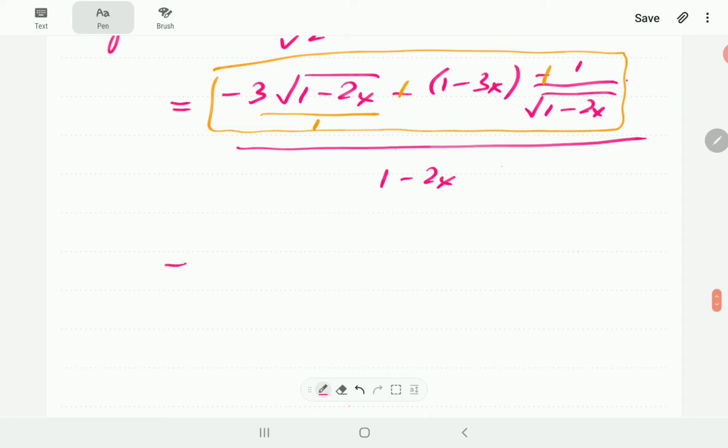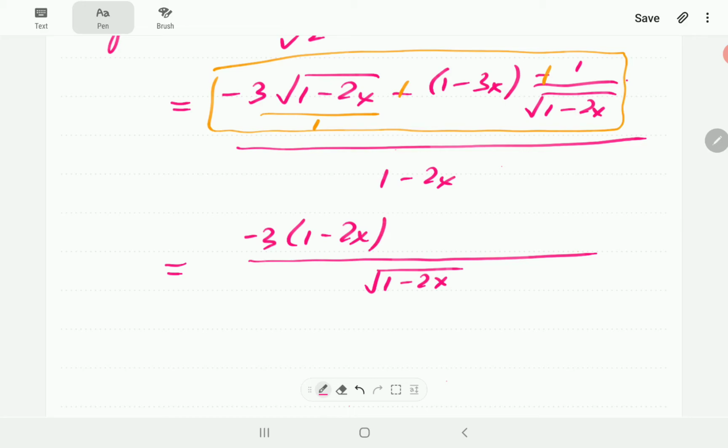So this is our numerator here, and its numerator is that square root, and then again 1 goes here, the square root of 1 minus 2x, times, so we multiply this times this, we're going to get -3 into 1 minus 2x.